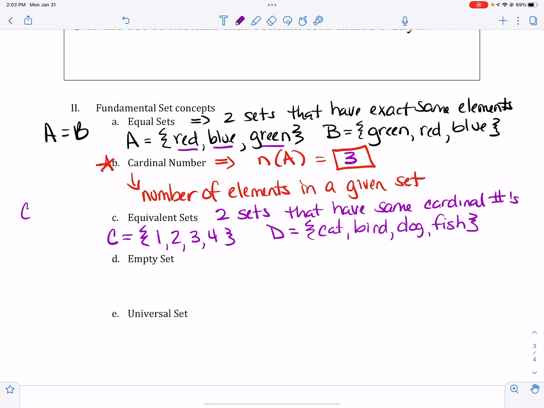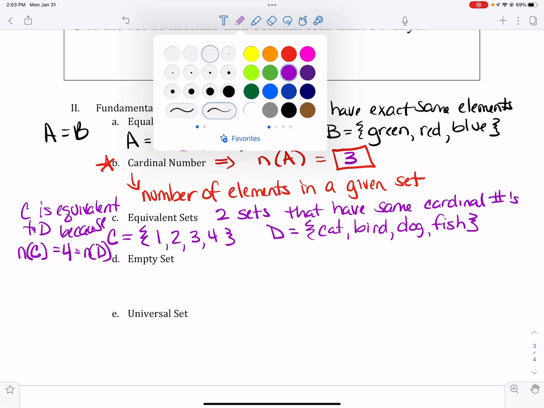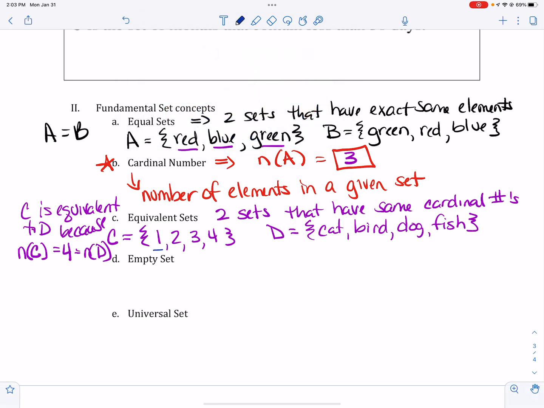And C is equivalent to D because the cardinal number of C is 4, which is the cardinal number of D. Each one of those has 4 items in their set, but they are not exactly the same. So we say that they're equivalent, not equal, okay?